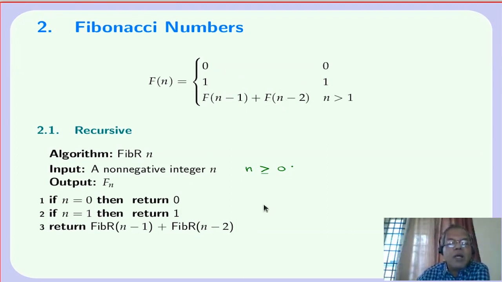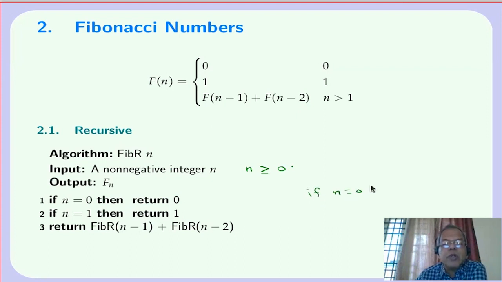You will recall when an if clause ends with return as the last statement, there is no need for else. There is no need to write this as if n is equal to 0, then return 0 else if. I mean, that's how actually you should write.